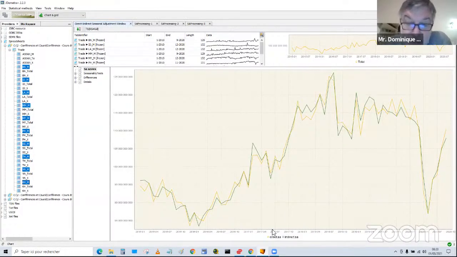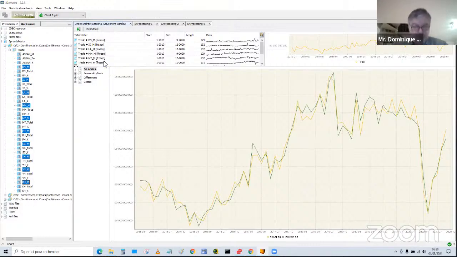The orange curve is that I just seasonally adjust the sum of the countries, okay? I take the imports for each country, I make the sum, I seasonally adjust it. For the green curve, I seasonally adjust each series and I do the sum after.